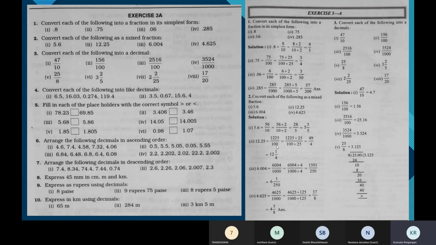245 by 20. And then again, when you divide by 5, is it 49 by 4, children? Is this correct? What is the answer you see here?